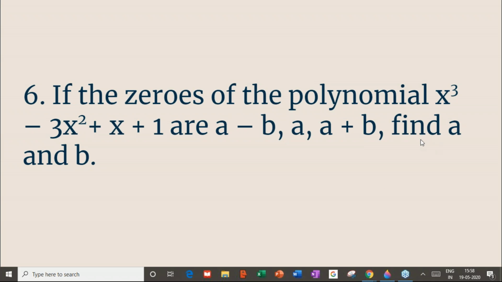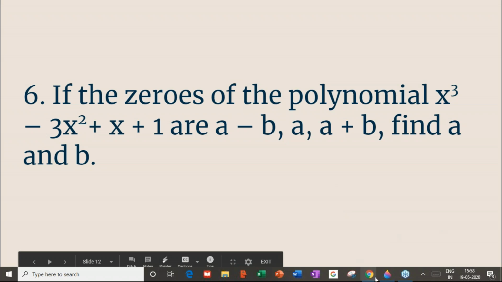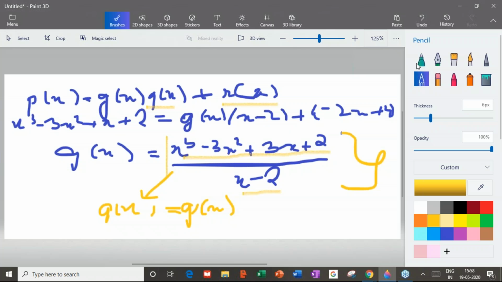Anybody with the answer? Pretty simple. Okay, somebody is giving me an answer. Yes, Anshika, awesome. That's the correct answer. Okay, for all those of you who are not getting it, let me give you a hint.